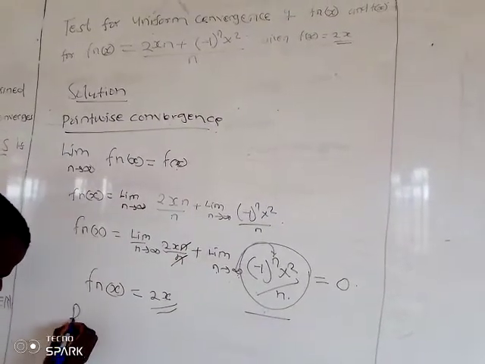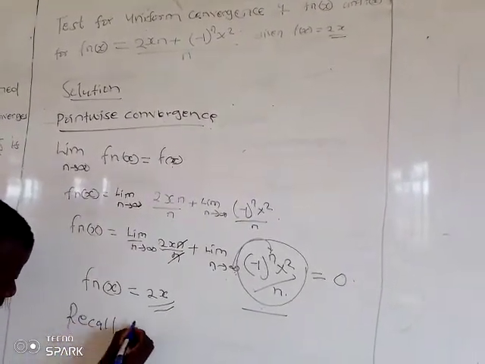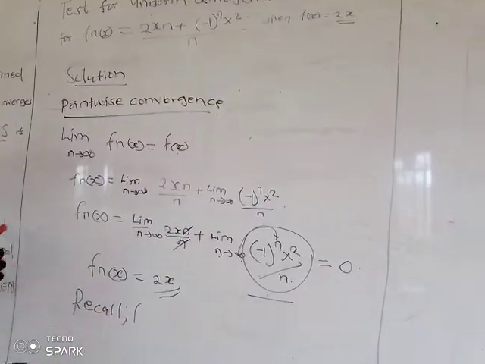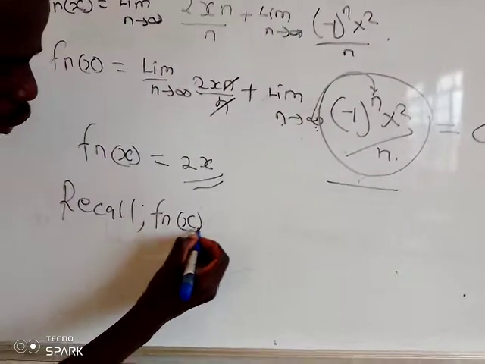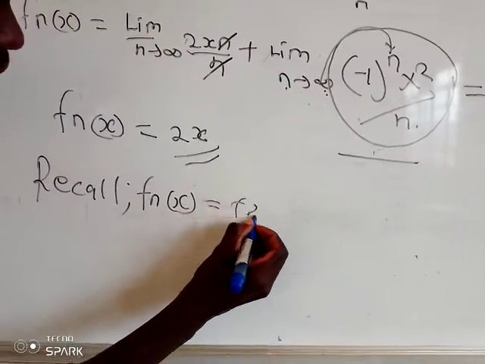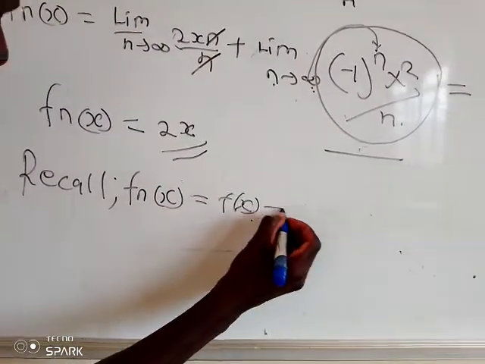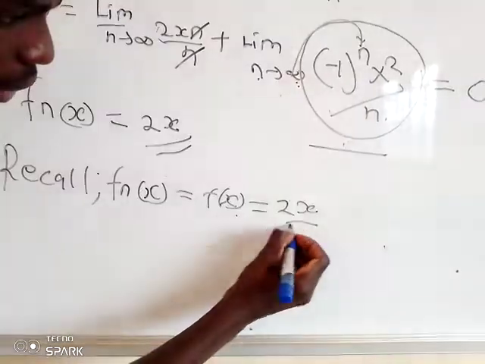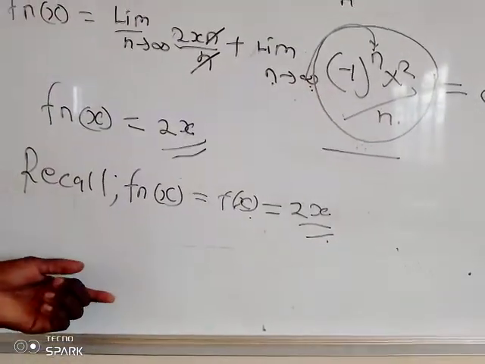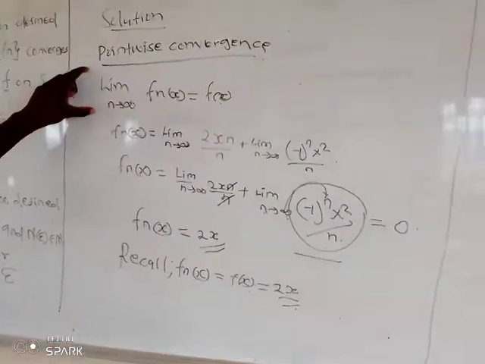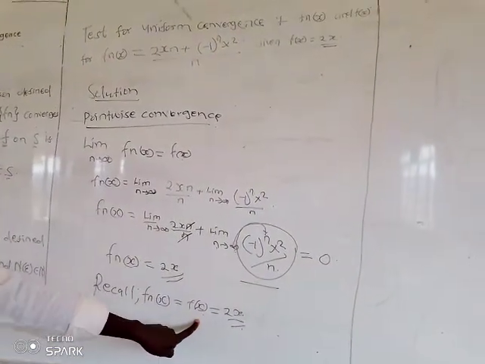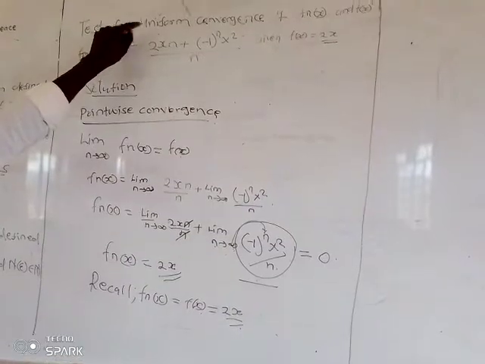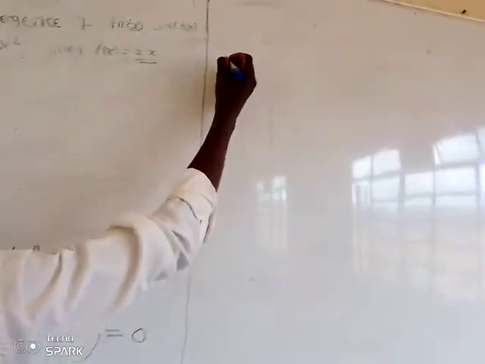Recall, for pointwise convergence, we say f_n of x should be equal to what? Our f of x, which is equal to 2x. This implies that this problem is what? It is pointwise convergent. We go ahead and test for uniform convergence.